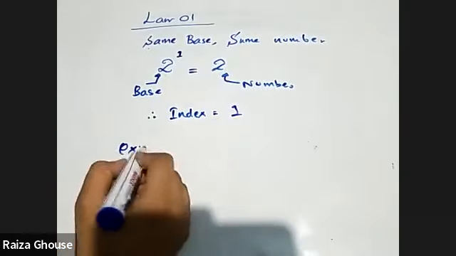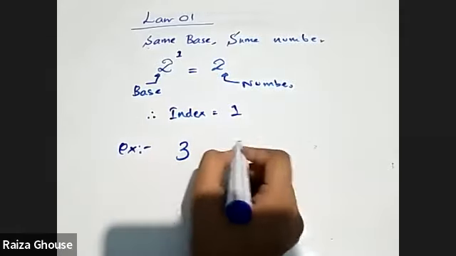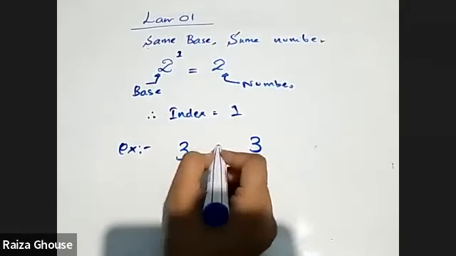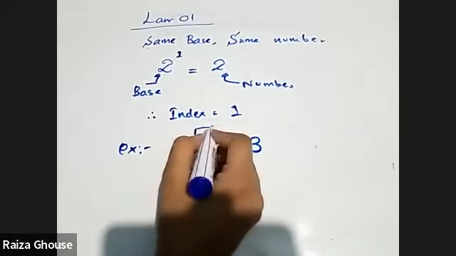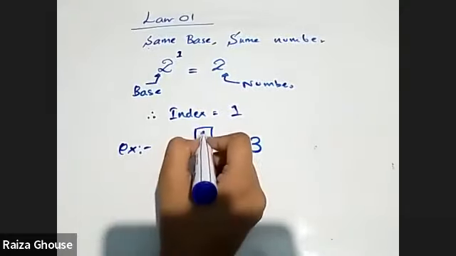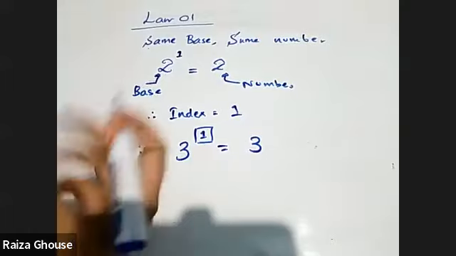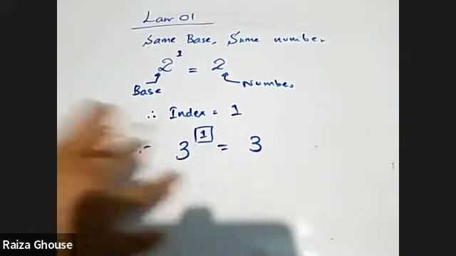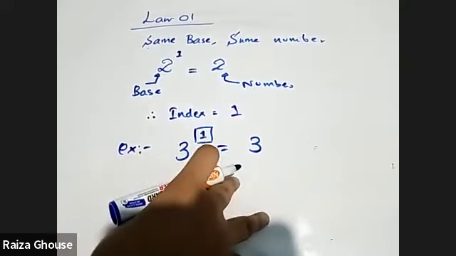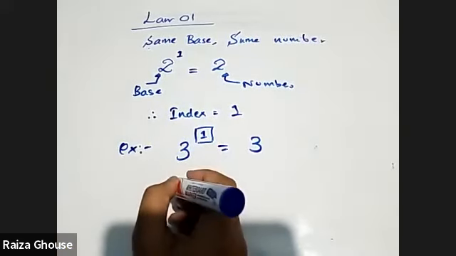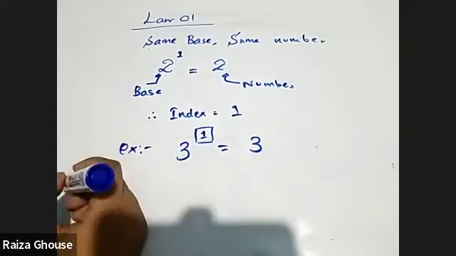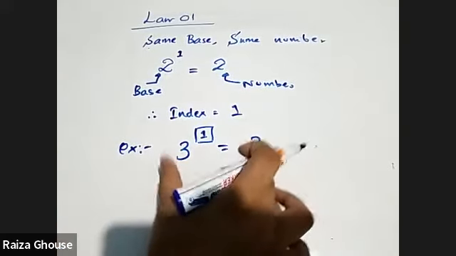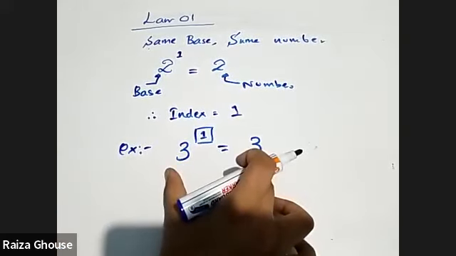For example, same base, same number. What is the index? 1. Can you understand? It's not a big law. A mathematician found that this is a law. If you get this type of index form, how can you convert this into logarithmic form?